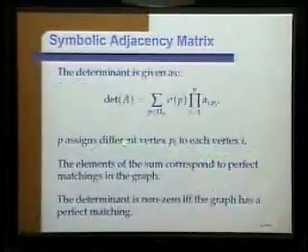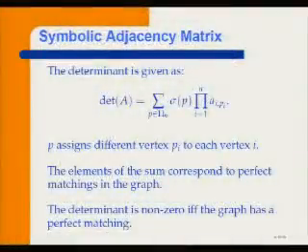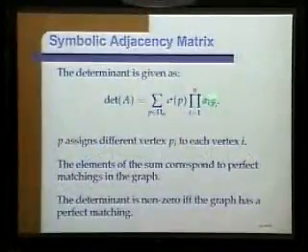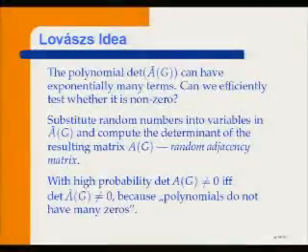And this is a permutation, so for each vertex we assign a different vertex. So the elements of the sum correspond to perfect matchings. And of course, the element is non-zero if every edge here exists in the graph. So we see that the determinant of this matrix is non-zero if the graph has a perfect matching.